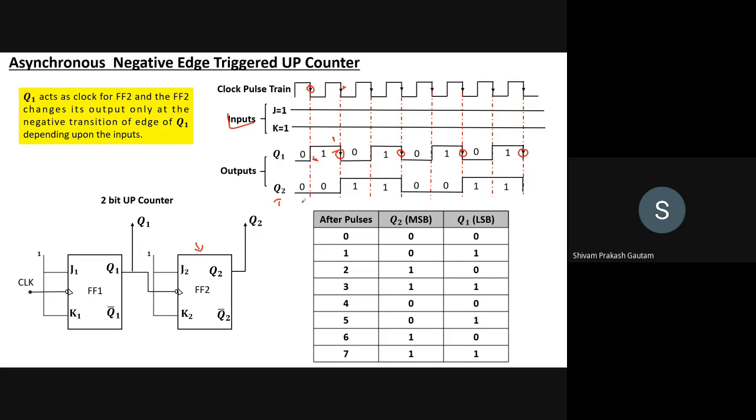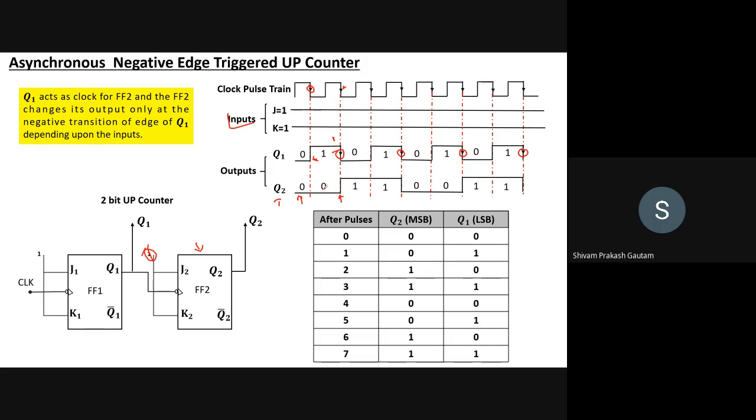Initially Q2 output is 0, which can be seen here. So it will remain at 0 till the next triggering, right? It is remaining 0, and at this point you can see the triggering is taking place. Since the input to the second flip-flop is 1 1, and the triggering is taking place, and since this is a JK flip-flop, the toggling of state will take place, right?